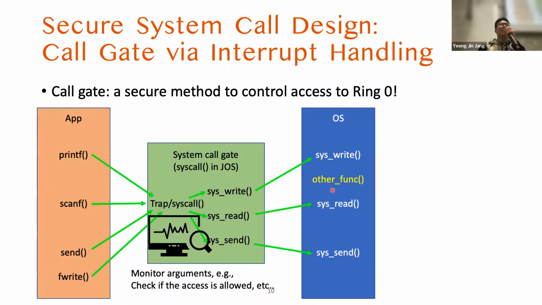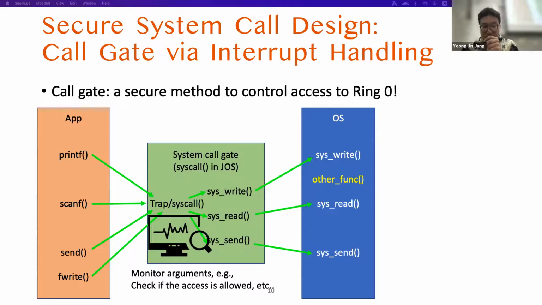Other question? No? There's one question from the Zoom side. So the question is, does the ring 0 function get called based on the ring 3 function name? So it's not true. We have learned about the system call calling convention. So in JAWS, we put the system call number at the EAX register, and EDX stores the first argument, ECX the second argument, EBX the third argument, in that order.